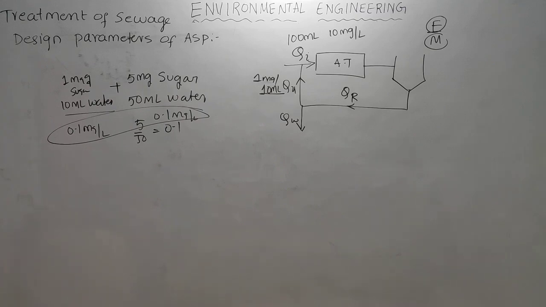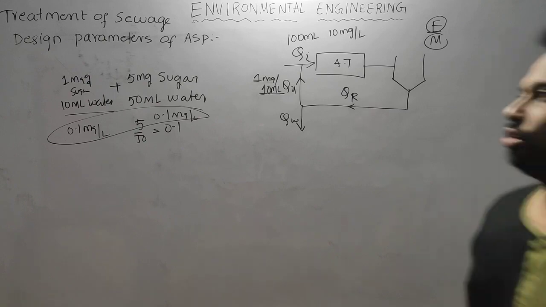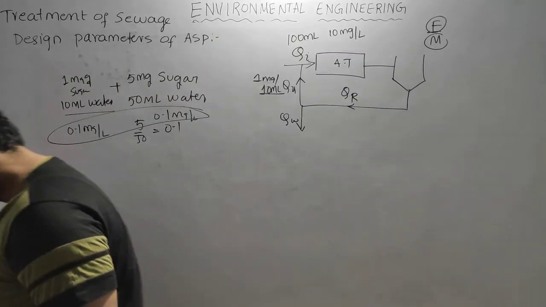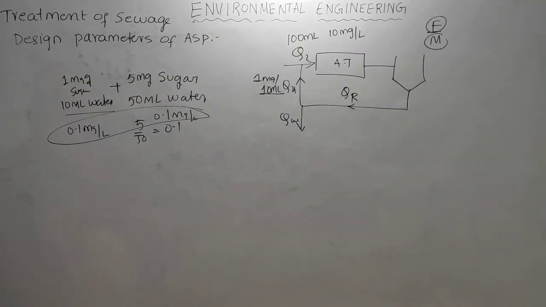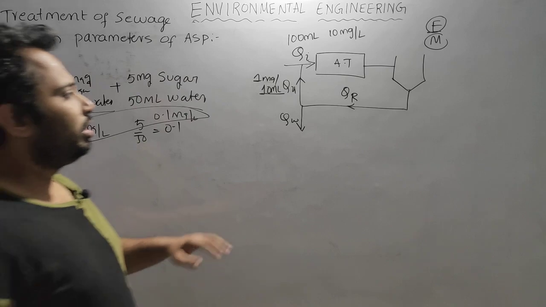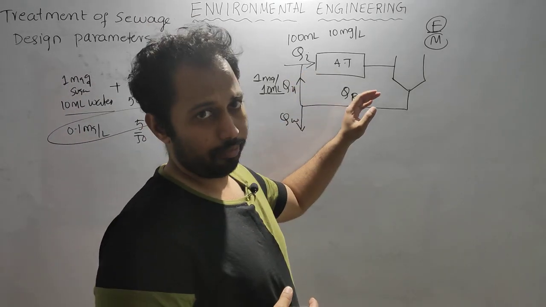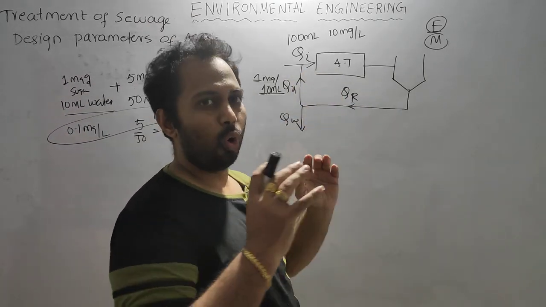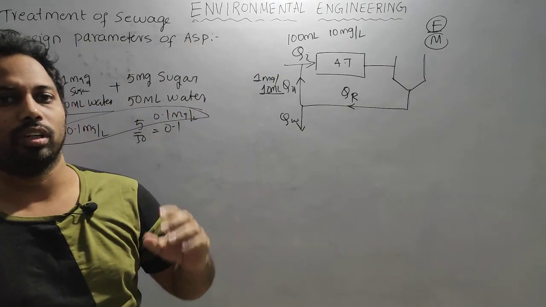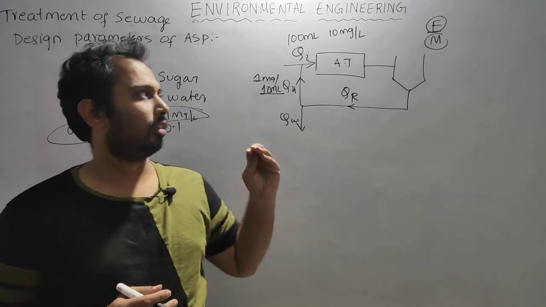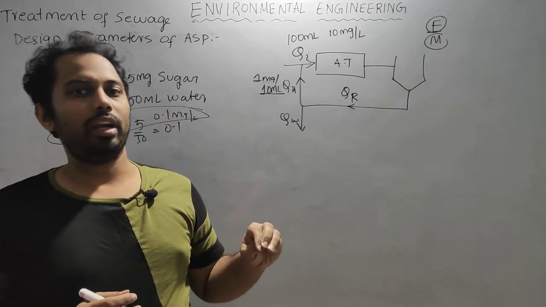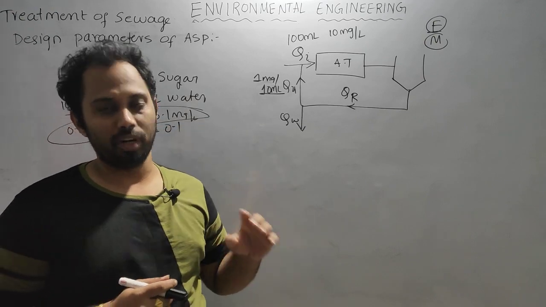In the previous session, we were discussing the sludge volume index. So what is the importance, the significance, of the sludge volume index? To maintain the concentration of MLSS here, because the whole activated sludge process is dependent on the food to microorganism ratio.